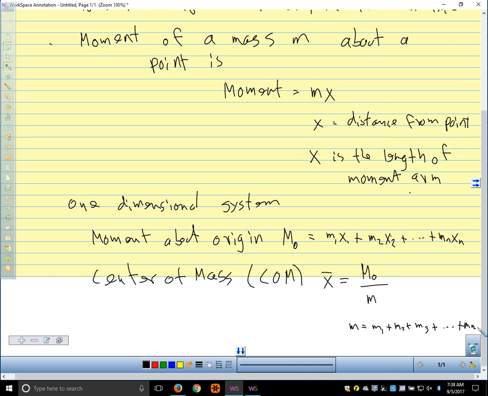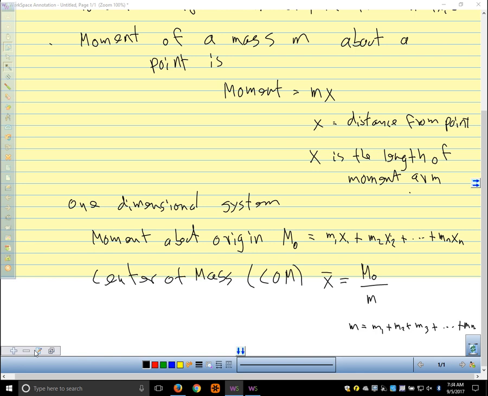We could talk about the moment of force, which would give us the center of gravity. If our gravitational force is not necessarily uniform, our center of mass and center of gravity might be different. We could have a moment of area, so multiply an area by its distance from something, and that might be useful for some things. So there's lots of kinds of moments that we could talk about.